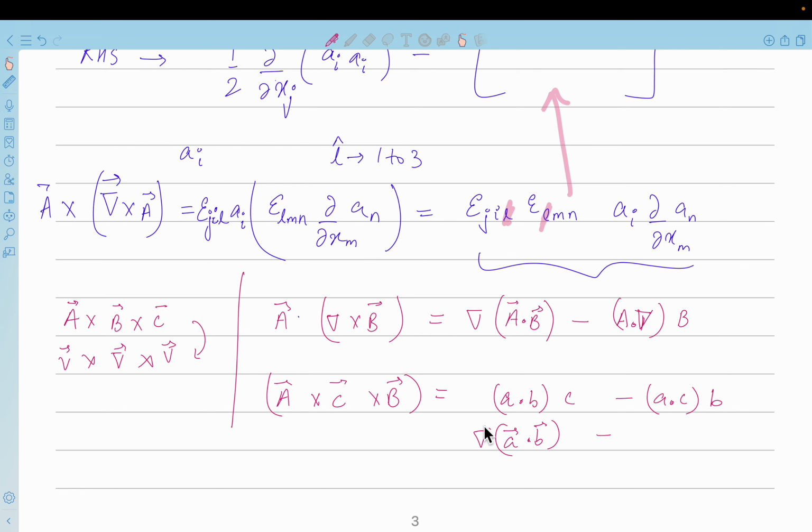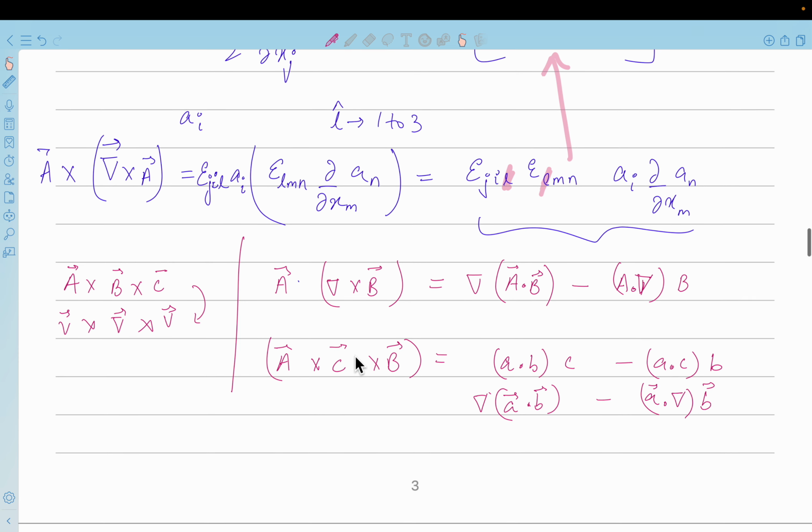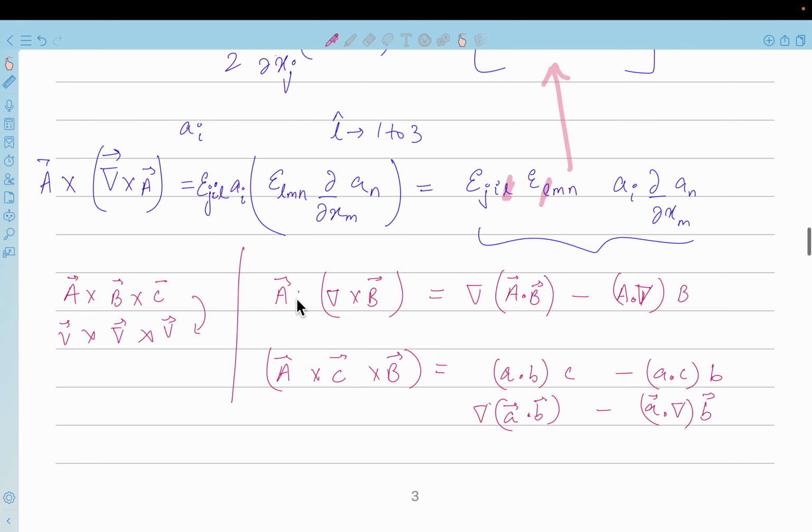So it has to be grad operating on this A dot B, and then here it is A dot grad operating on B. So ideally you should get the same expression, but I don't know if you have proceeded in this manner, because the point is this triple product gives a vector, okay, and whatever we did here, A cross grad A cross curl of B, right?